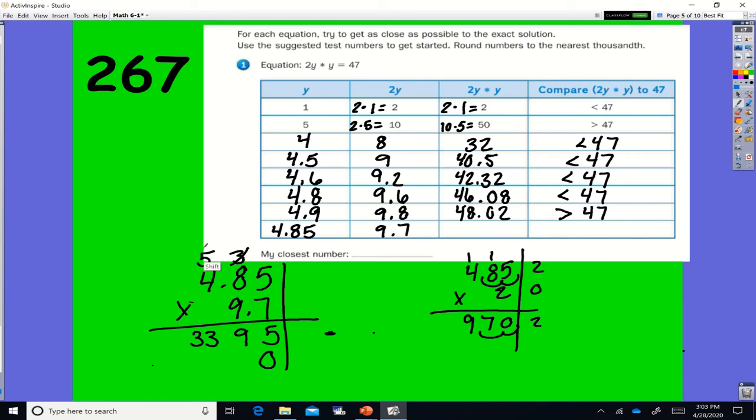We add a 0 for place value. 5 times 9 is 45. 8 times 9 is 72. Plus 4 more gives us 76. 36 plus 7 more. Well, I know 36 plus 4 more is 40. Plus 3 more is 43. I add this up.